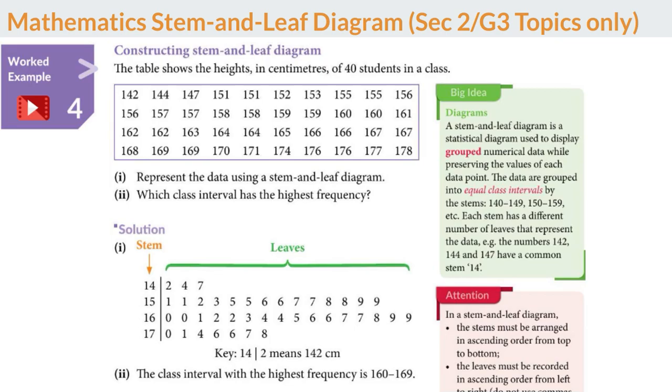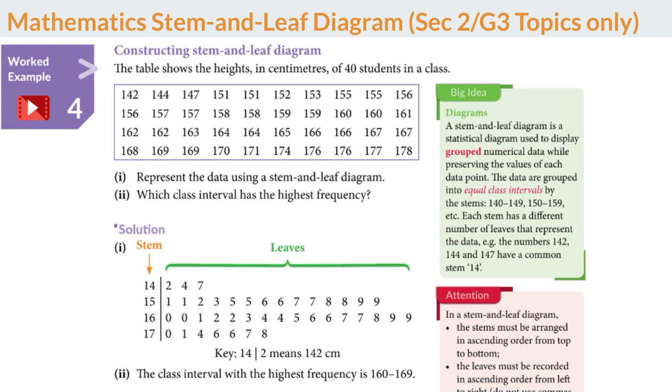What does this mean? If I were to put 142, the stem will be 14, the leaf will be 2. Other values starting with the same base, 14, 15, 16 and so on, you need to write them down even if it's a repeated number.